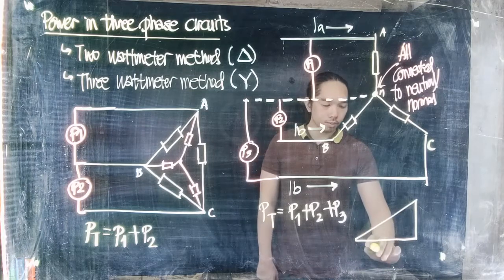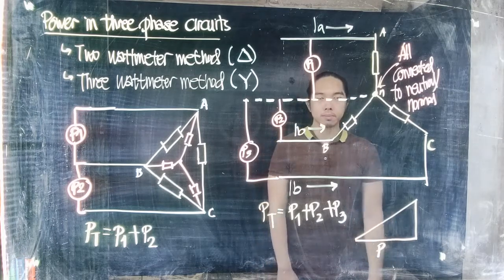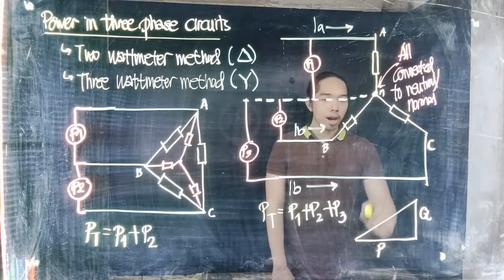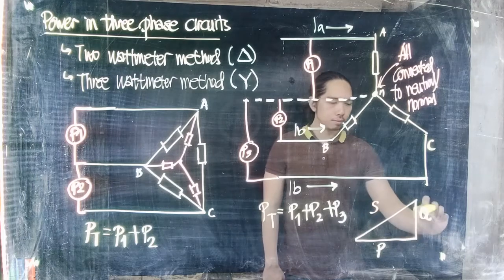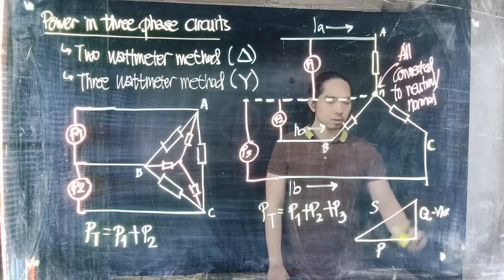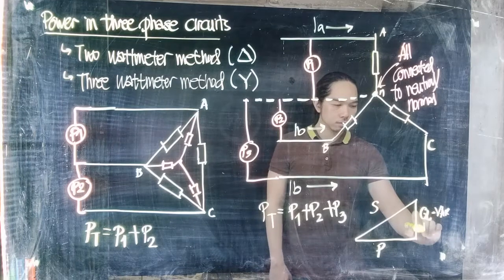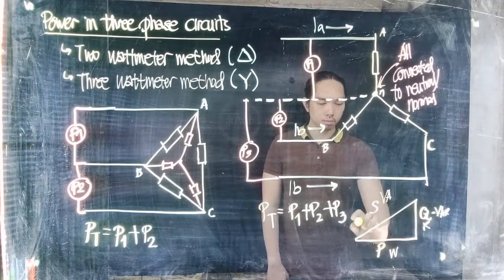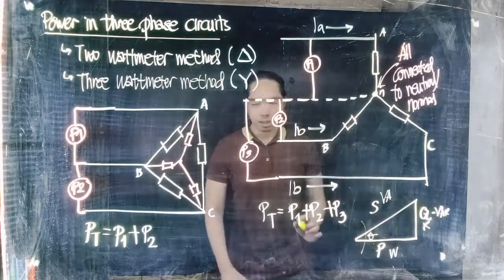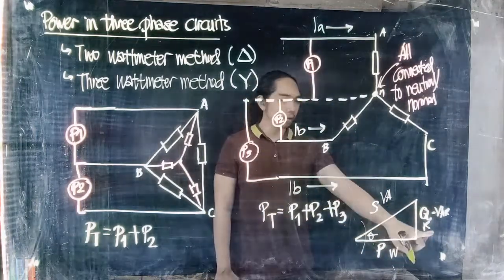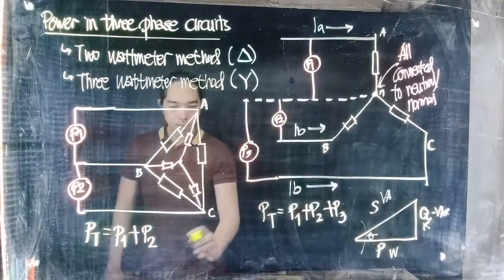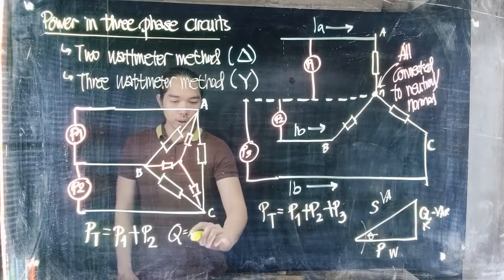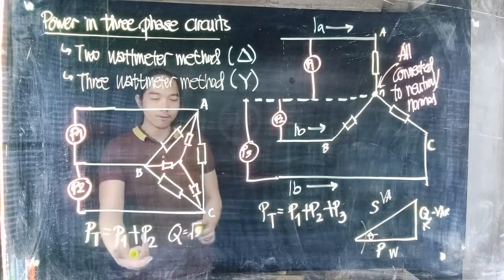We have here the real power P, the reactive power Q, and the apparent power S. So when considered, we also need to find our Q. The reactive power Q is equal to the square root of 3 times the difference of these two.